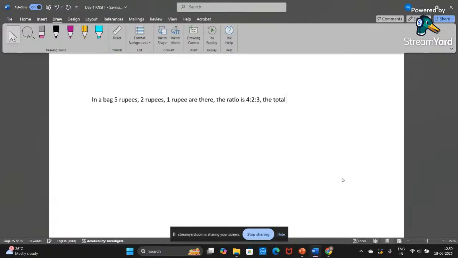The total rupee is 135 rupees. So how many 5 rupee coins are there?